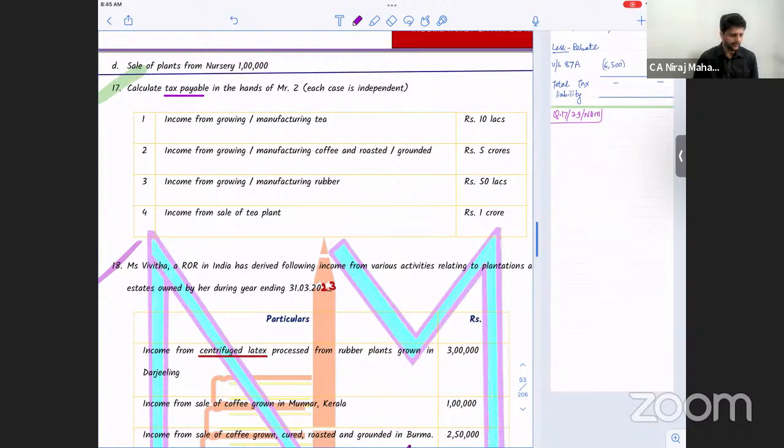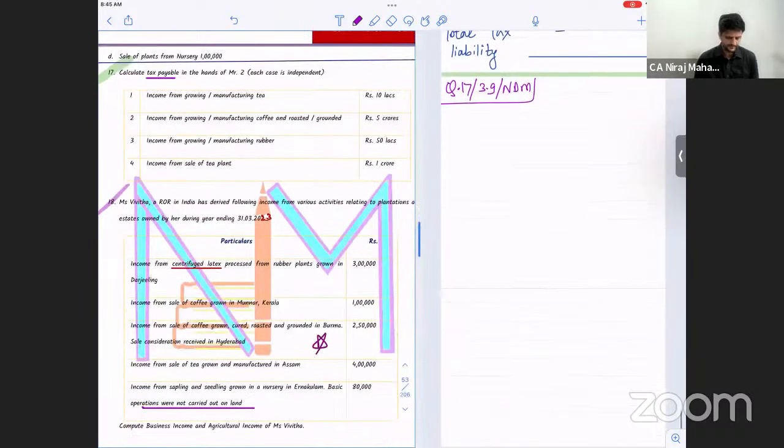So we'll just quickly first of all apportion between agri and non-agri for all of them, and then we'll do the calculations. Okay.